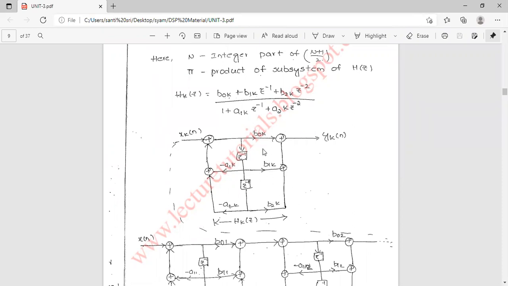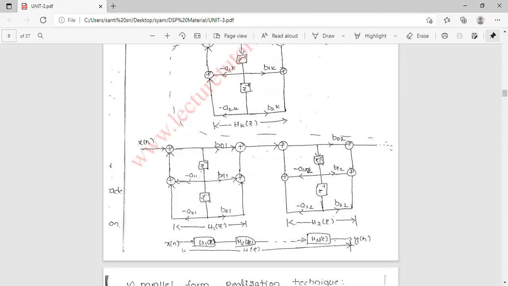And the denominator part is 1 plus a1k into z power minus 1 plus a2k into z power minus 2. So this is Hk of z, right? Hk of z is equal to yk of n by xk of n. That is nothing but Hk of n, right?